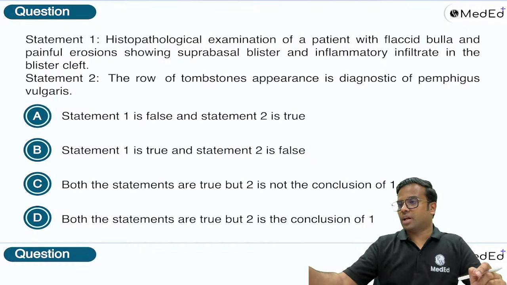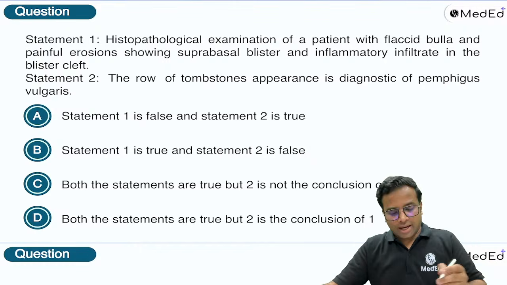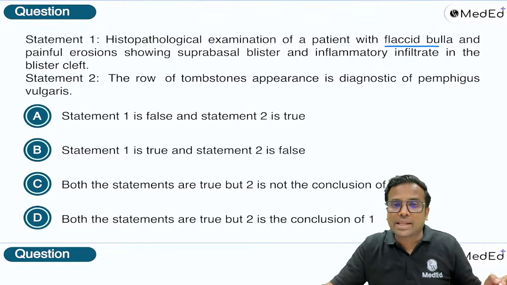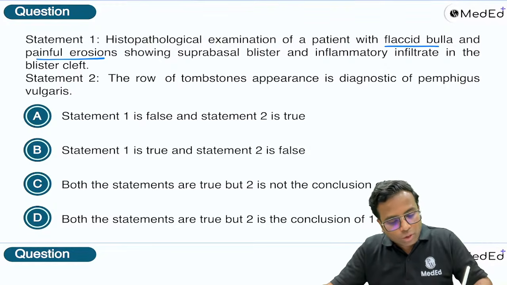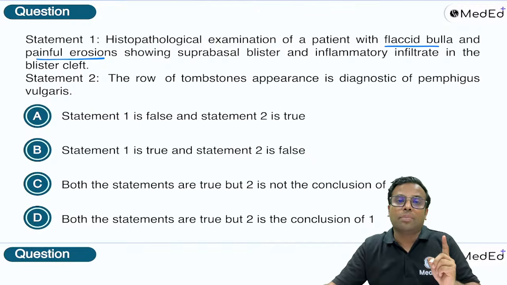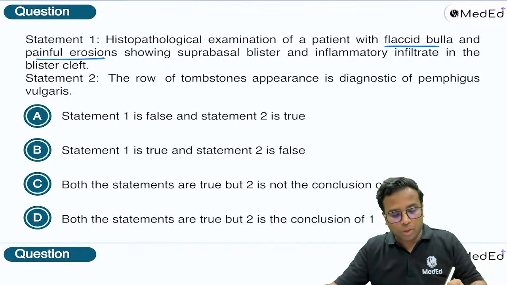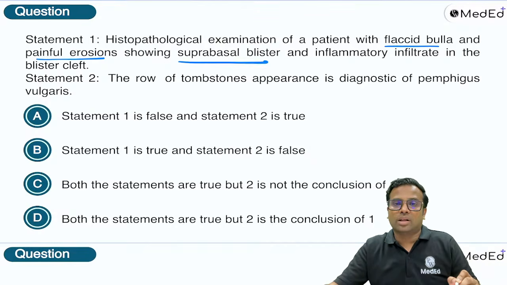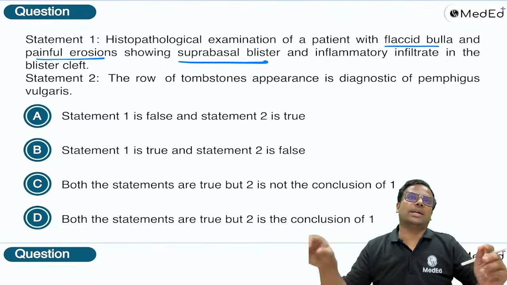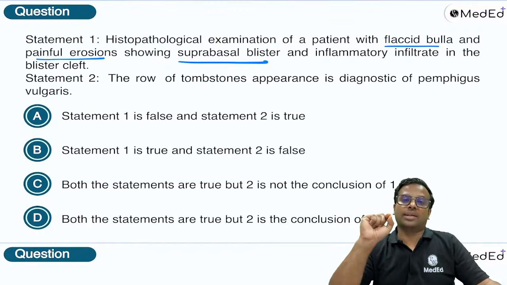Are both the statements correct? Do you see a patient who has a flaccid bulla and painful erosions, and this patient will have a suprabasal bulla? Is it correct? Yes or no? Yes, because in a disease called pemphigus vulgaris, what happens?